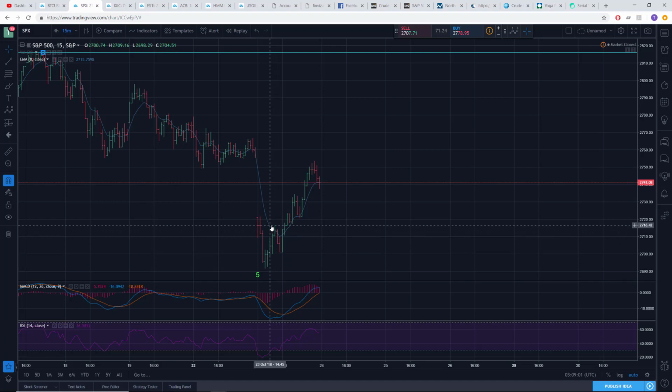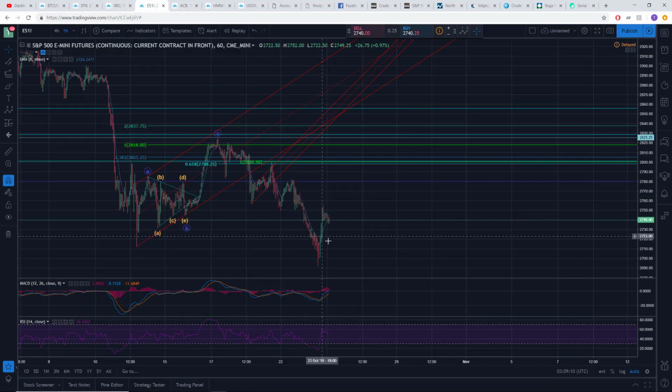Also at that point we had a little higher low, and then we made a higher high and took out the open. That was my signal over here on the futures to go long futures, and my stop is just below the actual low that the futures made, which was 2692.25. So my stop is at 2692, and I'm still holding those long futures.